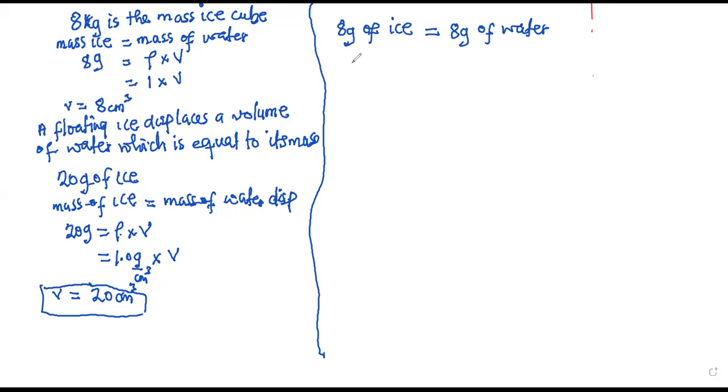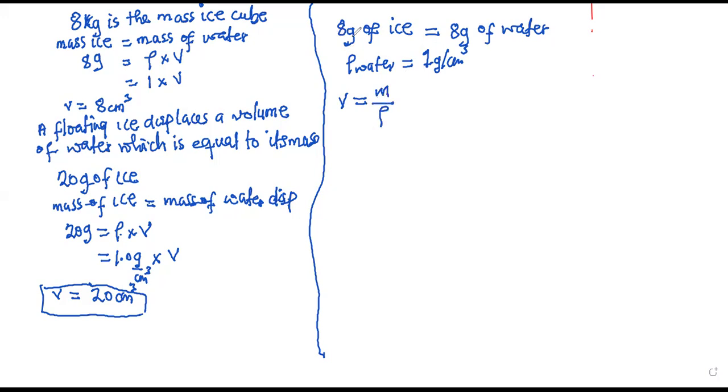And don't forget, the density of water is 1 gram per cm cube. So if when melted the mass will be 8 and the density of water is 1, then what will be the volume of the water formed? Look at it. Density is mass over volume. Volume would also be mass over the density.